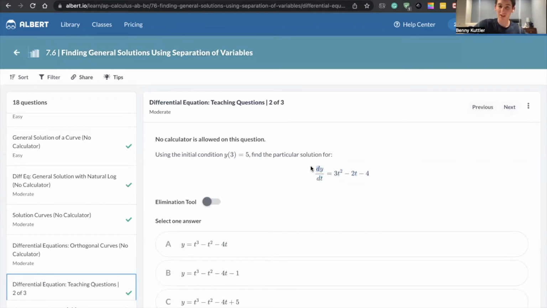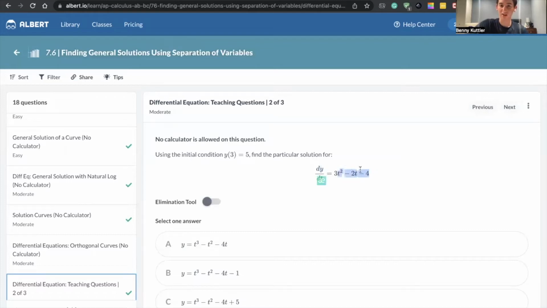So instead of treating this derivative as a ratio that has to always stay as dy dt, we can think of dy and dt separately as small little nudges to either the input t or the output y. So we can treat these as just really, really small numbers, but they're different from each other. So what we want to do is isolate the variables and get them all on the same side.